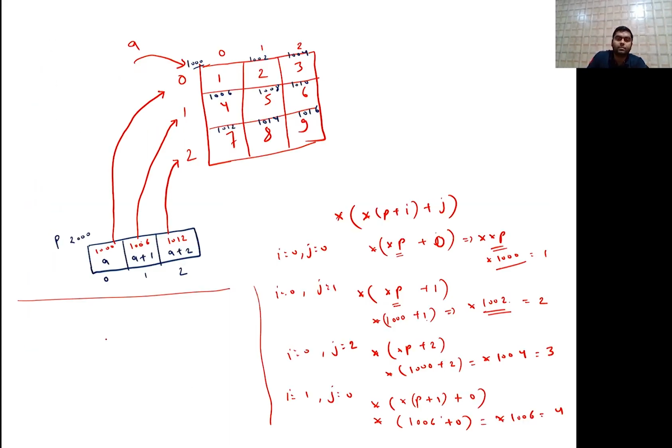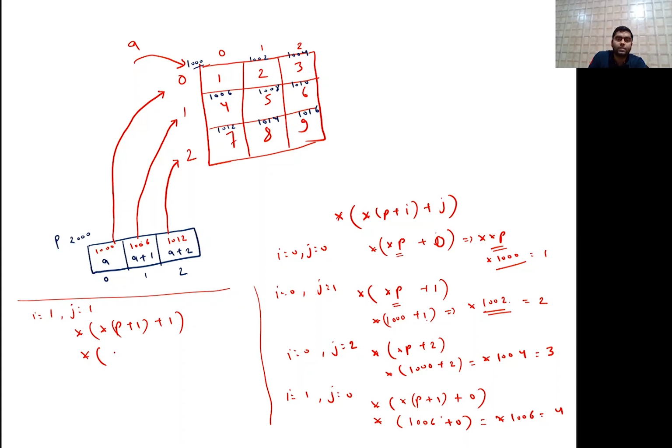Now next time what is going to happen? I is going to be 2. It is not 2, it is 1, and J is going to be 1. So in that case, star of star P plus 1 and plus 1. So star P plus 1 means first row selection.